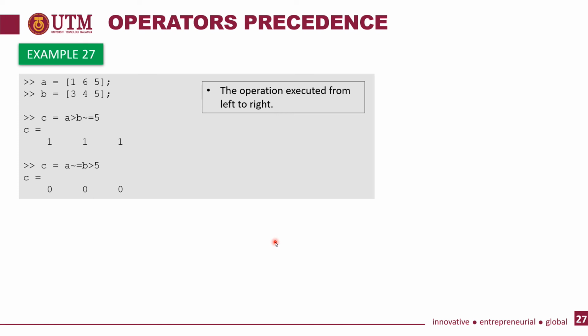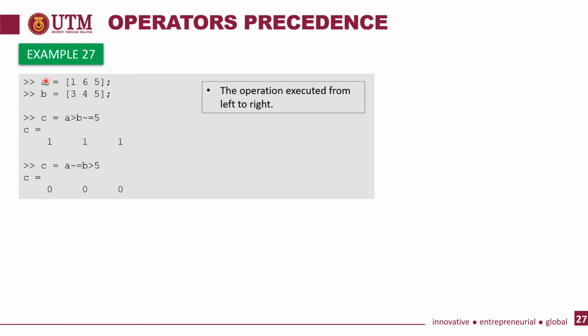Okay, next is precedence. What if you have a combination of relational and logical operators inside your MATLAB expression? Which one do you want to do first? You must remember the precedence of the logical and also the relational operator expressions. You must know and remember the sequence.